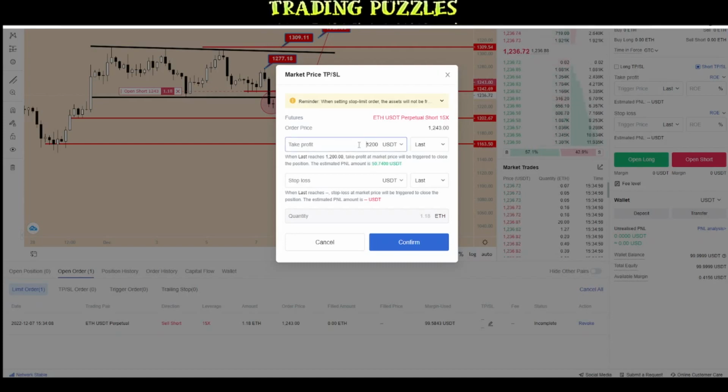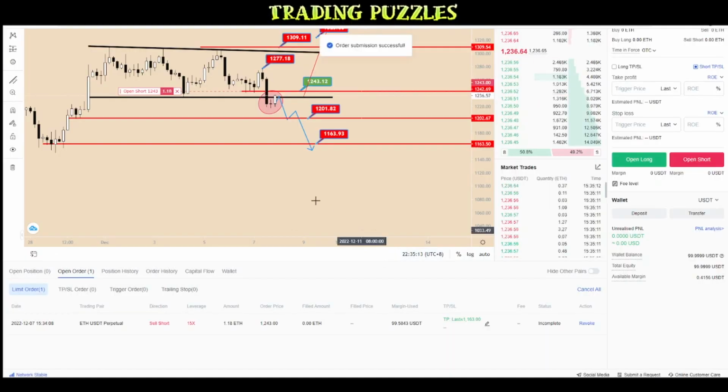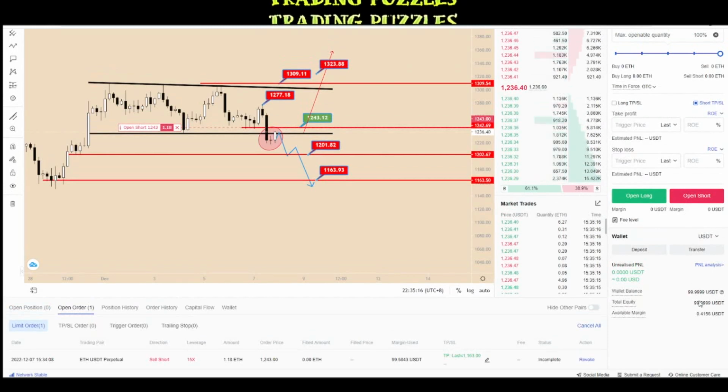If price is going to move lower, so let's say I want to use only the second target, 1,163, I'm going to make $94. So this is how this order works out, and it is very easy. It works in the same way for the long and the short position as well.